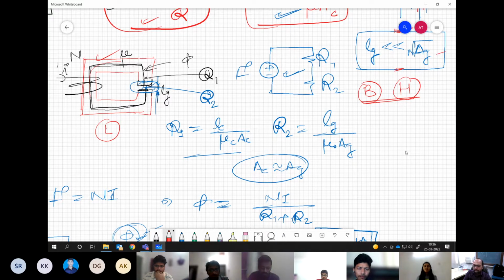So Tejdeep is suggesting that more energy will be stored in this. So what is energy? Basically, we are talking about half L i square, right? That's what we are talking about. Correct? So he is suggesting that more energy would be stored in the air gap. You all agree with that? There are no marks for this question. You can answer freely. You agree or not?